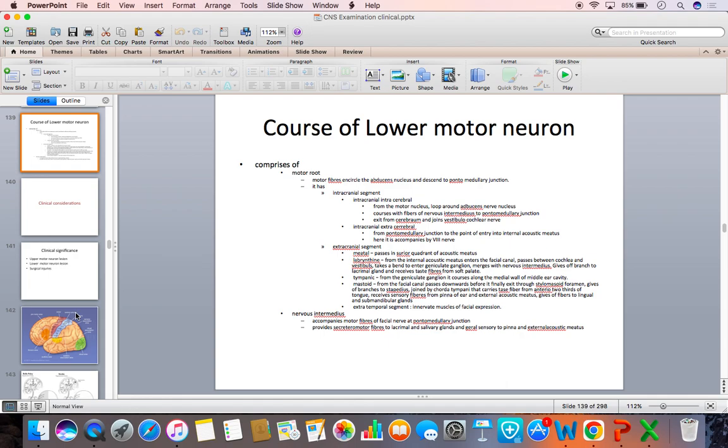Lower motor neuron starts from the motor nuclei of the facial nerve located in the upper pons to its supply to the muscles of facial expression. The lower motor neuron is divided into two parts, that is, the intracranial part and the extracranial part.